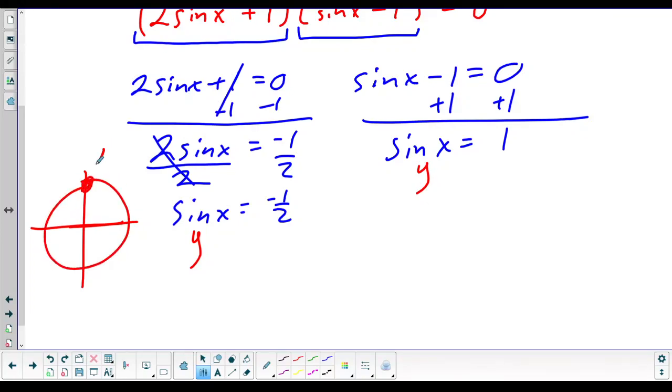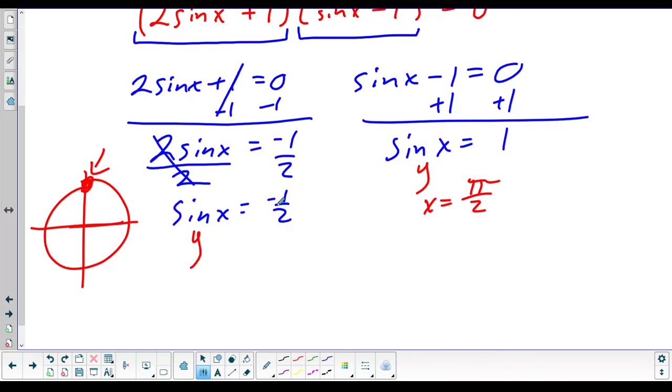Obviously right there, that's the only place it happens to be 1. So sine of x equals 1. This angle right here that gives us that value is pi over 2. So x equals pi over 2.